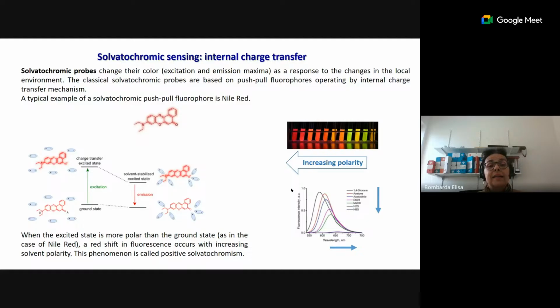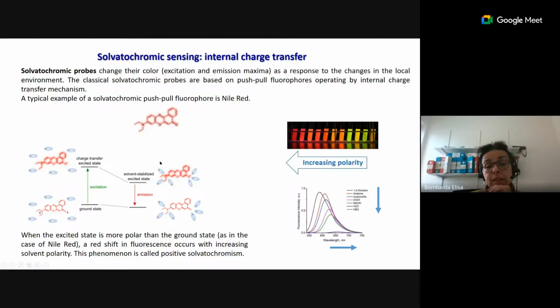The classical solvatochromic probes are based on push-pull fluorophores operating by the internal charge transfer mechanism that we saw, which is the mechanism that mainly affects fluorescence. This is a probe that detects polarity, so as you see, it changes its color as a function of polarity.